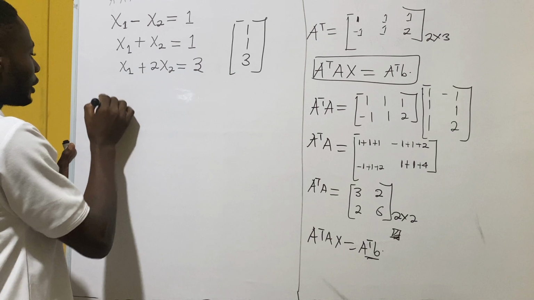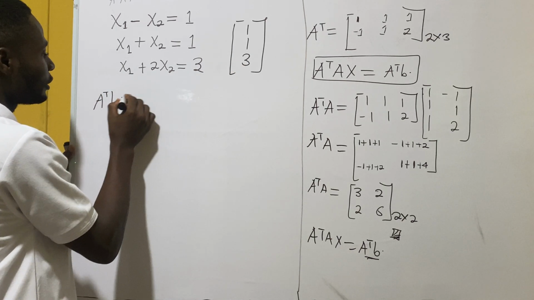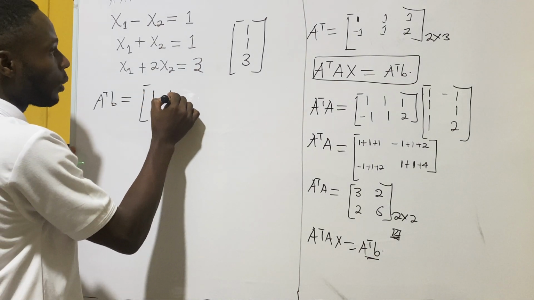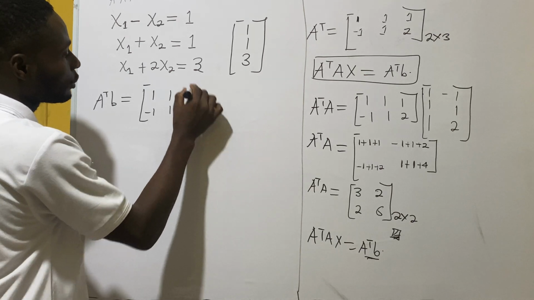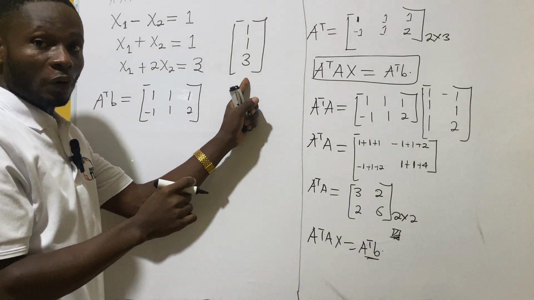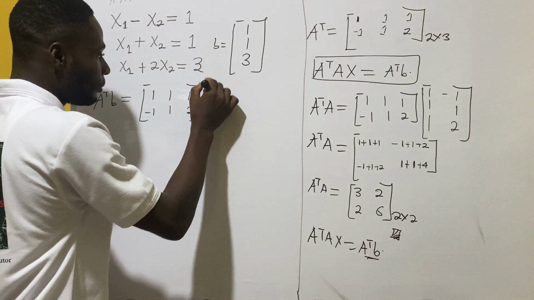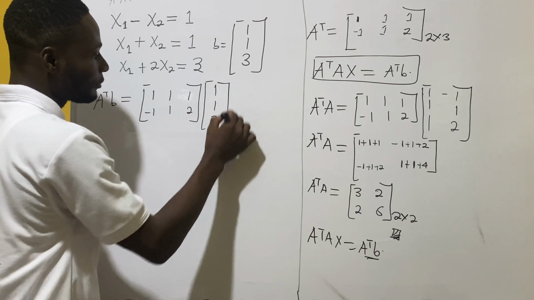So A transpose times the constant is equal to 1, 1, 1, -1, 1, 2, right? Then we take the constant, which is the B. So this is the B, multiply it. So we have 1, 1, 3, right?